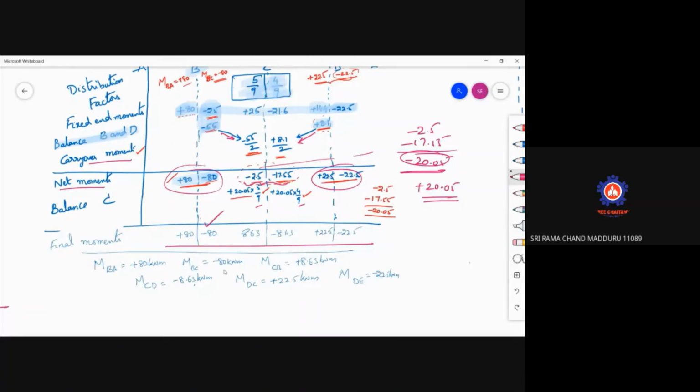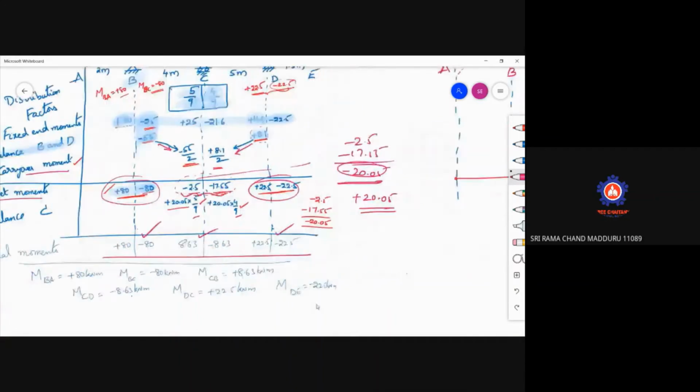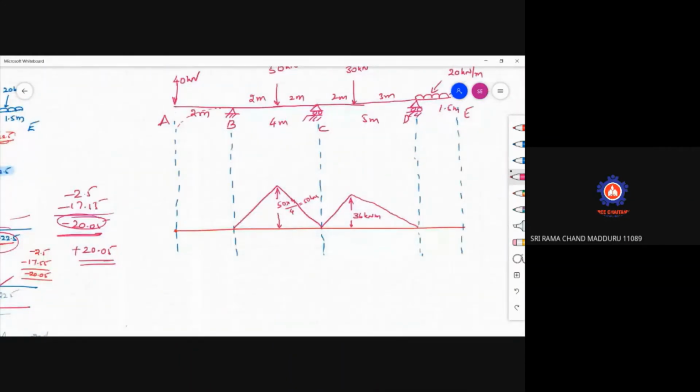So this is negative 80, and this is negative 22.5. I will write this as 80, and overlap one over the other, so the positive bending moment will be overlapped with the negative bending moment. So this is the support moment, minus 80.